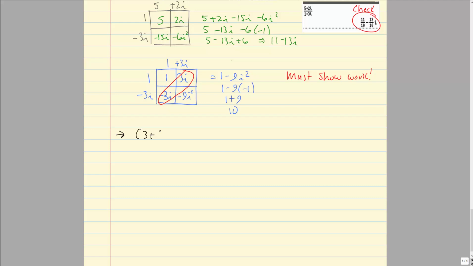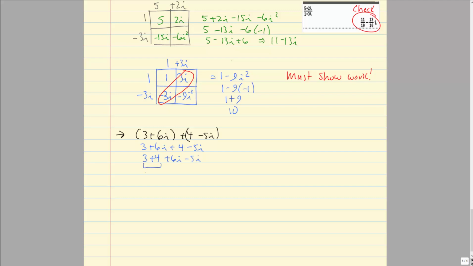So if we had a problem like 3 plus 6i plus 4 minus 5i, I don't have to distribute anything here. Distributing a positive doesn't change anything. So I can just go ahead and drop the parentheses. So I have 3 plus 6i plus 4 minus 5i. And what I do is I combine the real components, so that would be the 3 plus 4, plus the complex components.